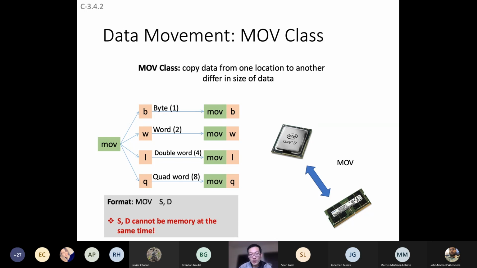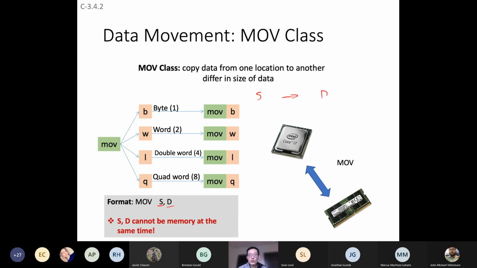In the previous assembly code, we talked about move, and the format is: we move from the source, S stands for source, to the destination. D stands for destination. So basically, move the data from source to destination.